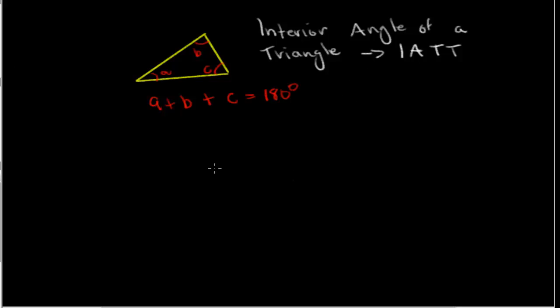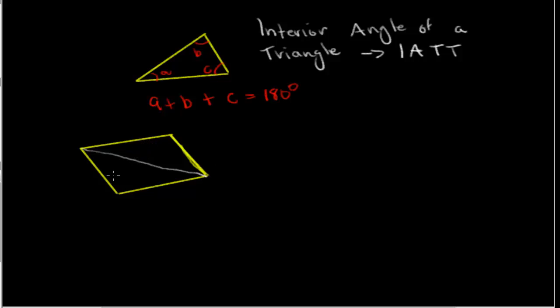At the same time, if I draw a four-sided shape, we notice that if I were to draw a line across here, you end up with two triangles.